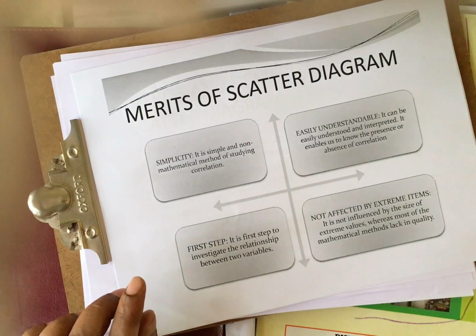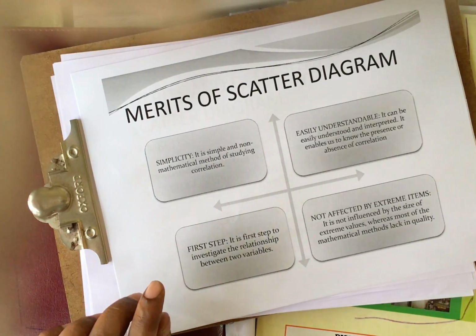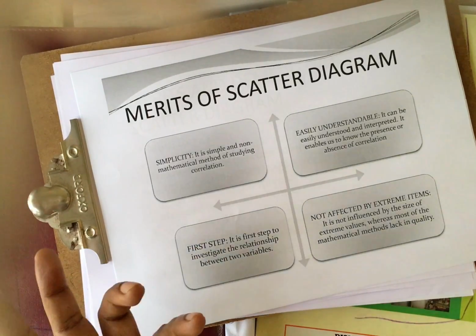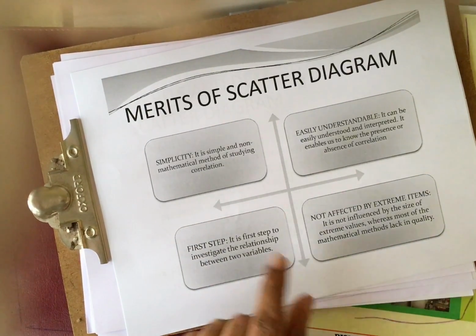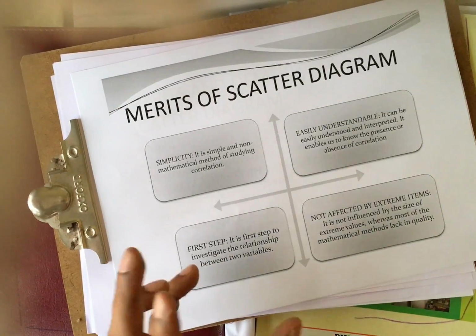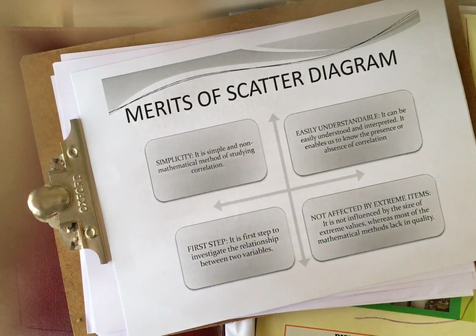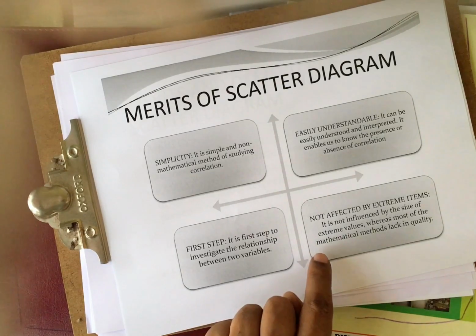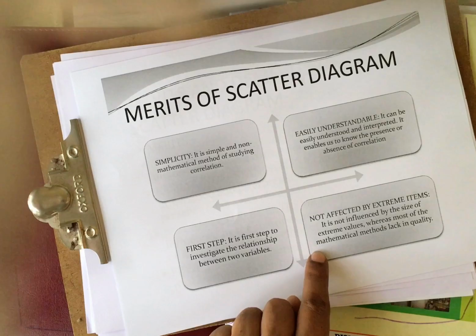What are the merits of the scatter diagram? It is very simple to draw and understand, because it is not a mathematical method. Next, it is easy to understand even for a layman, because we need not use our brain to calculate and get the answer. Next, it is not affected by extreme items, meaning it is not influenced by the size of extreme values, where most mathematical methods lack in quality.